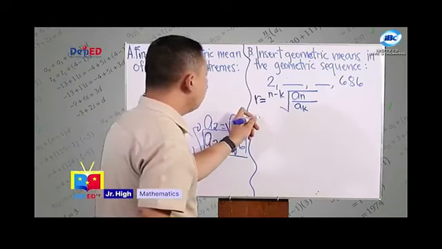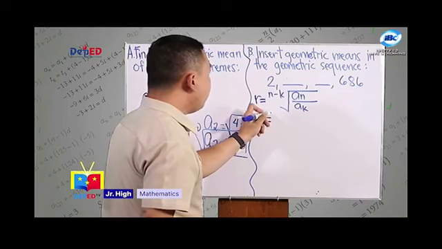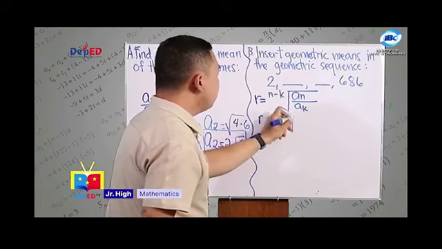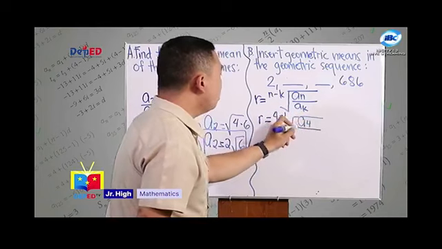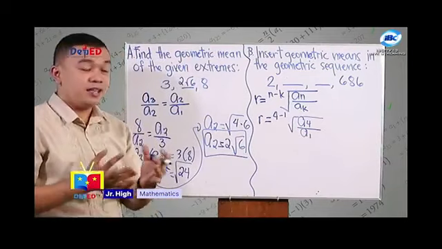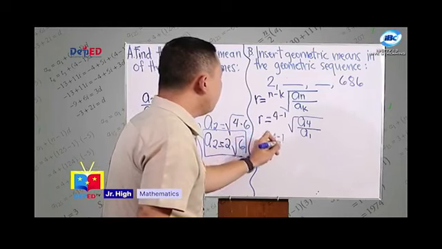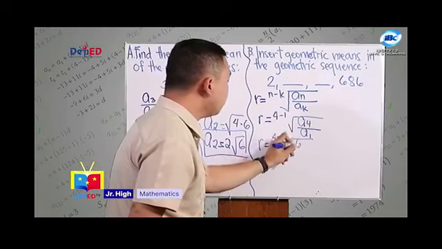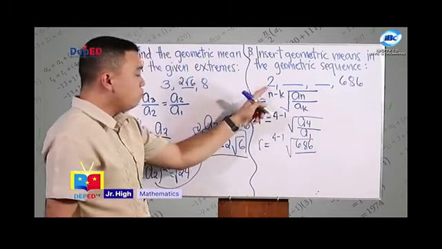So r is equal to, our n again is 4 minus 1, and the root of a sub n, we will use the value a sub 4, and our a sub k is a sub 1. Next, we will have r is equal to the 4 minus 1 root of a sub 4, our fourth term, which is 686, divided by our a sub 1, or the first term, which is 2.